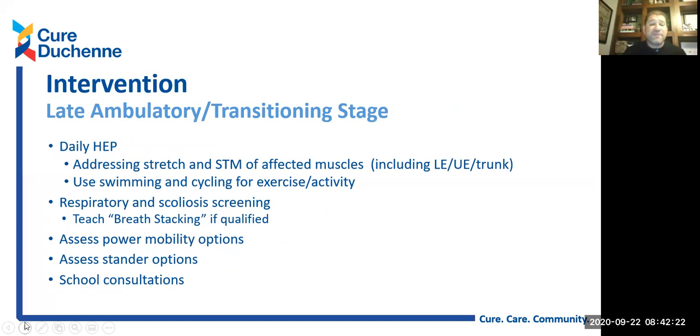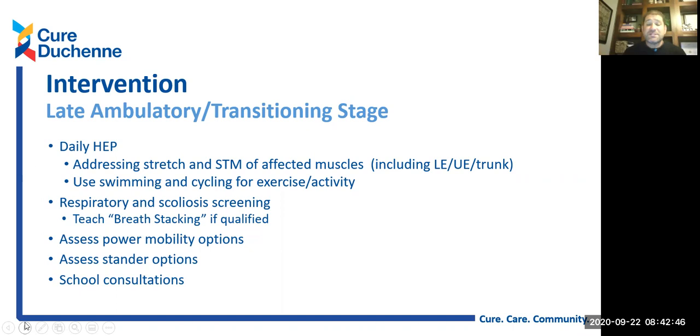And so the intervention, I just kind of talked a little bit about it, but we want to make sure that some sort of stretching program is in place, whether it's done by the schools or by the parents. That's really important at this stage as they're starting to walk less. Upper extremities and lower extremities are getting tighter, so we want to make sure that we're addressing those things.